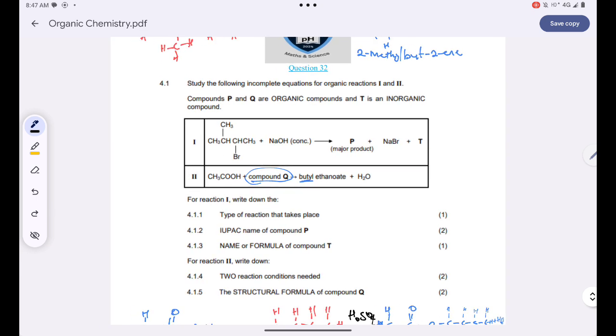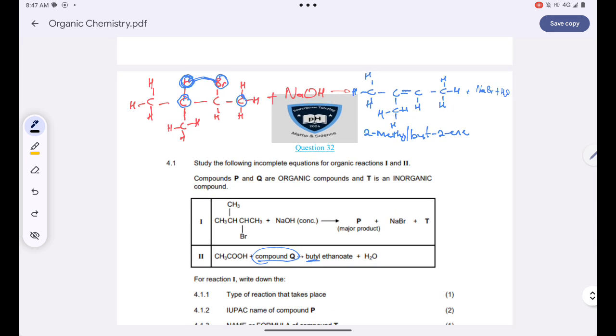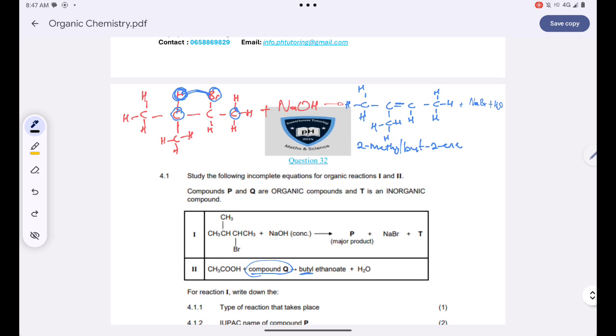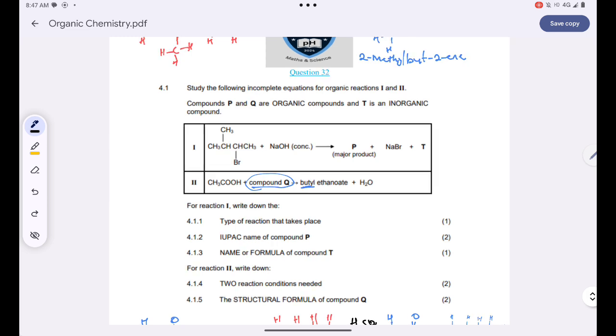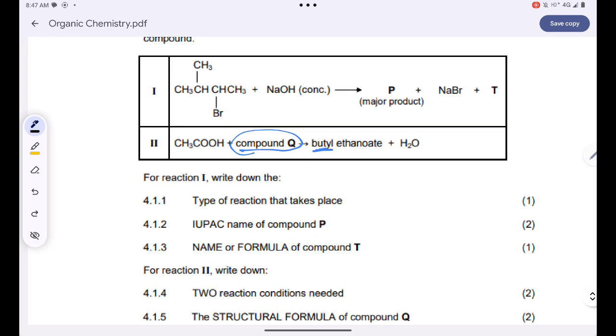For reaction 1, firstly, I'm supposed to write the type of reaction that takes place. I did say that this will be an elimination reaction, and the type of elimination is dehydrohalogenation.